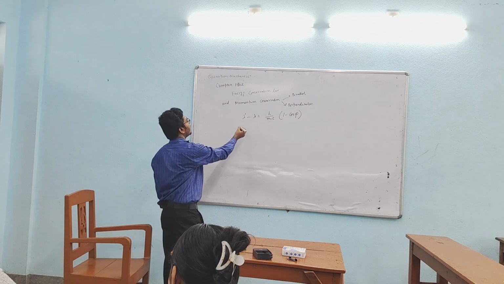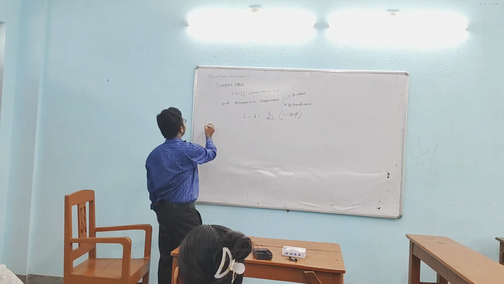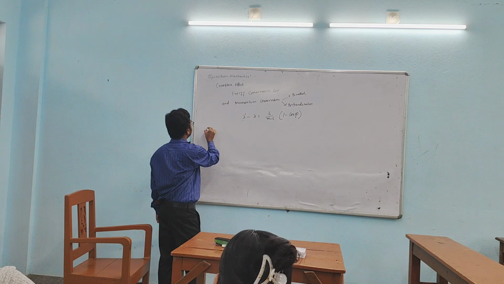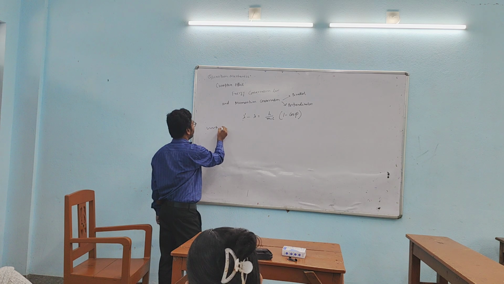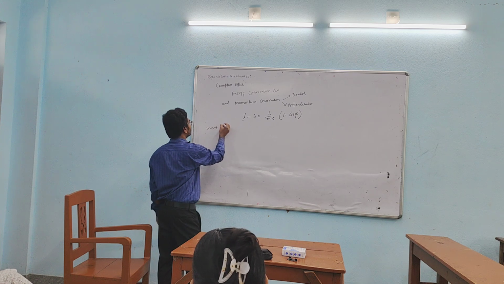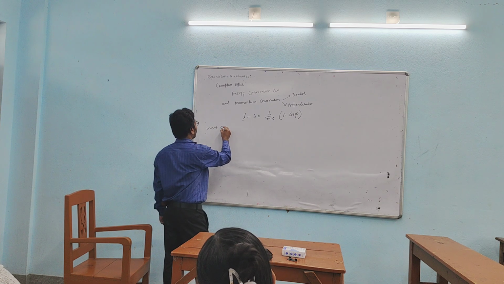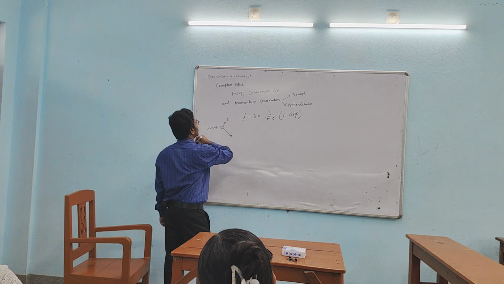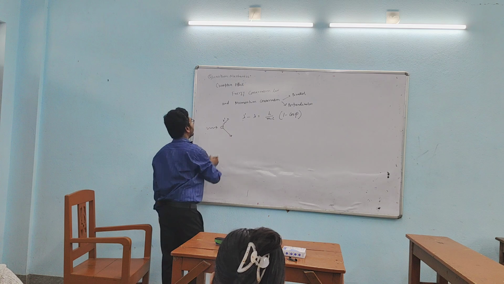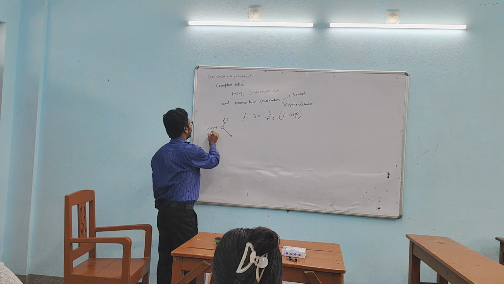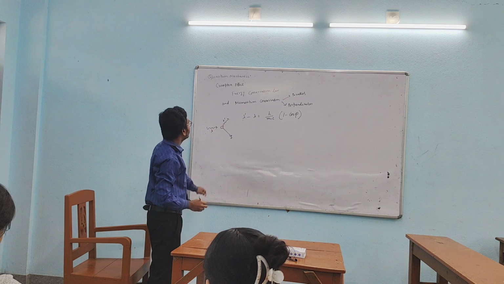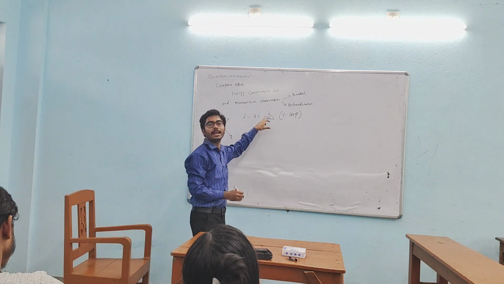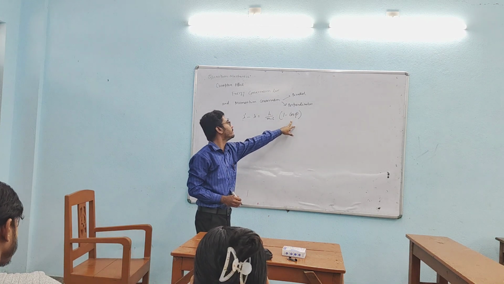So this lambda dash is the scattered wavelength. What was the picture? The X-ray falls on the electron, interacts with the electron, and there is a scattered X-ray photon which has wavelength lambda dash, and this is lambda, and this is the electron. The difference lambda dash minus lambda equals h by m naught c times one minus cos phi.